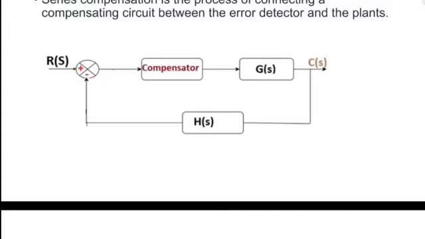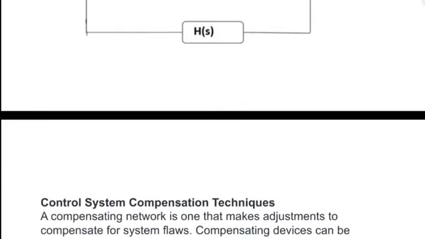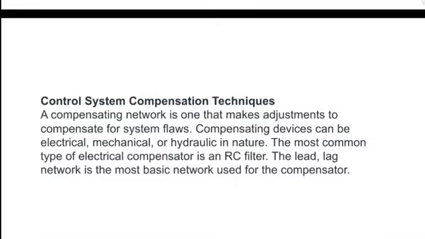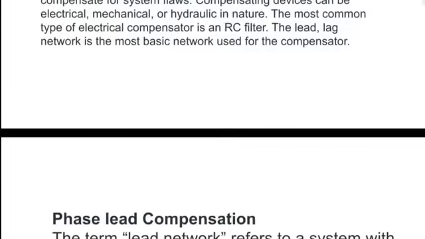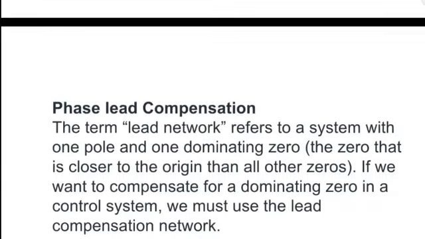Another one is the phase lead compensation, a system with one pole and one dominating zero. Below you can see the phase lead, which has a capacitor and a resistor connected in parallel.